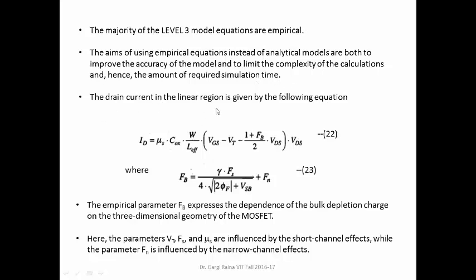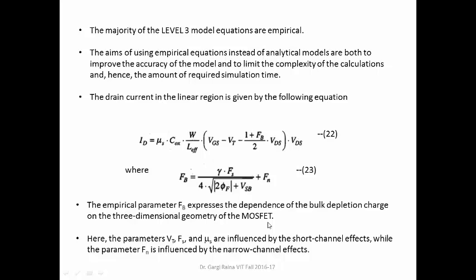The drain current in the linear region is given by this expression: mu s times Cox times W by L times Fb, times VGS minus VT minus Fb by 2 times VDS, times VDS, where Fb is an empirical parameter given in terms of gamma, the body effect parameter, Fs and Fn. This parameter Fb expresses the dependence of the bulk depletion charge on the three-dimensional geometry of the MOSFET.